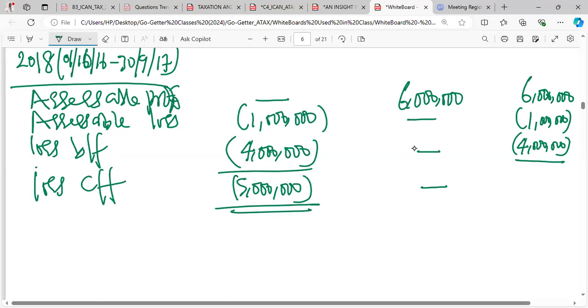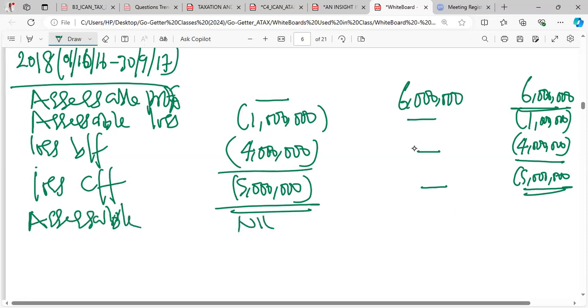If I were to do the same thing here, accessible profit, here is nil, here is 6 million. So for the company, it's 6 million.